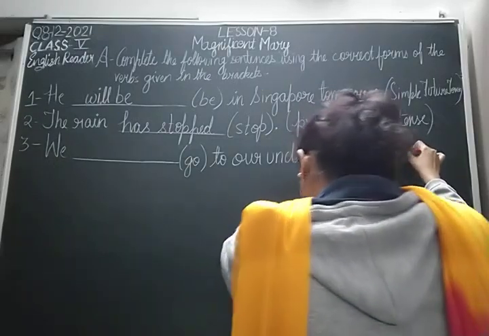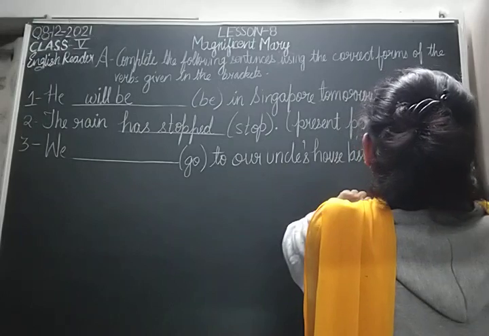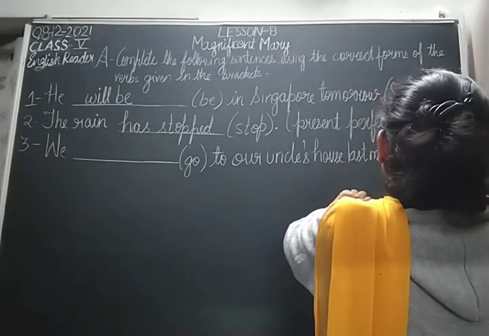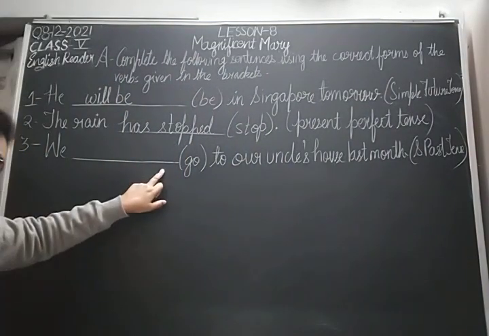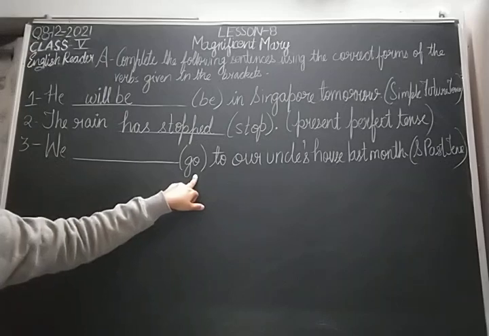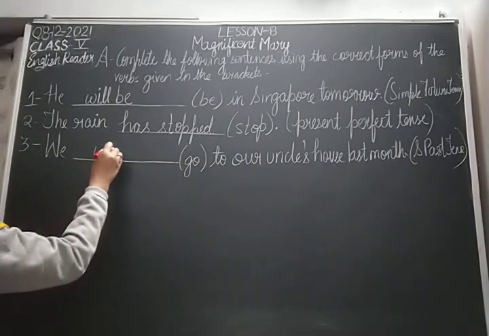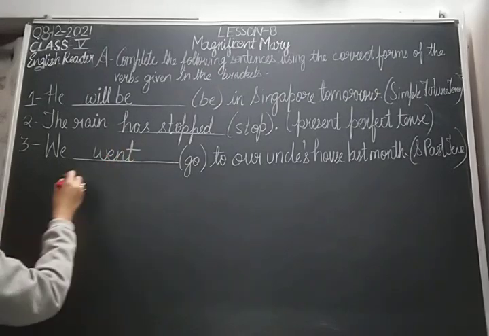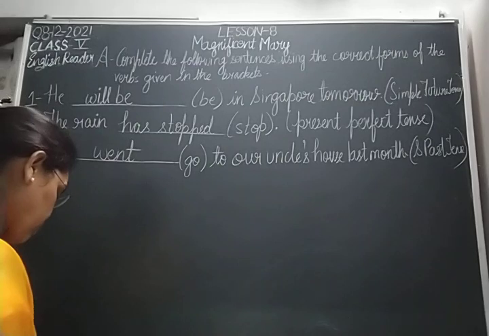And in the bracket it is written simple past tense. So simple past tense, we simply need to write the past form of go, that is went. So we will write, we went to our uncle's house last month.